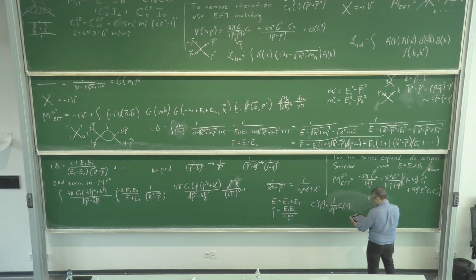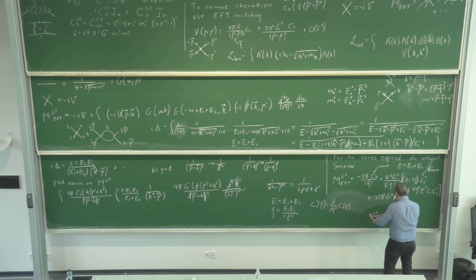Okay, and then plus 32 pi squared U squared E C C1 squared, and then times an integral d^d L over minus 1, which I'm not going to integrate.